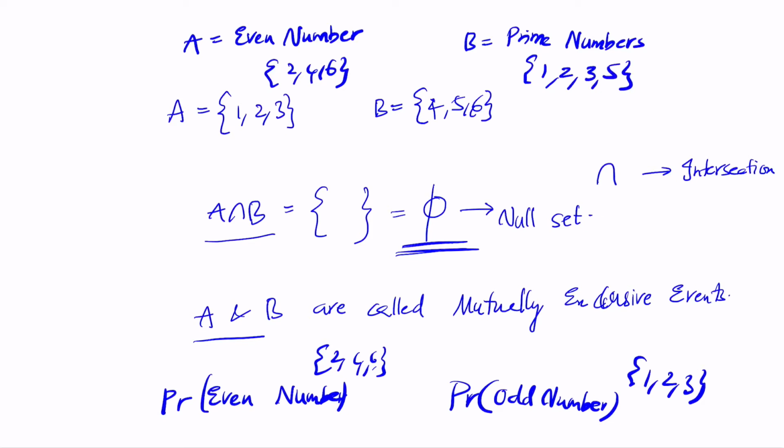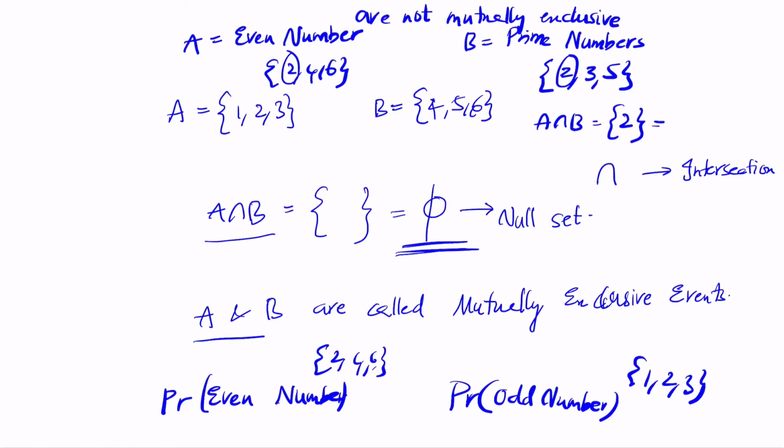Now notice the common element in both of them. Let's not take one, as one is an element that's neither composite nor prime. So 2, 3 and 5. Which means here you have a common element, 2. So here A intersection B is the set with value 2, which means that A and B are not mutually exclusive.